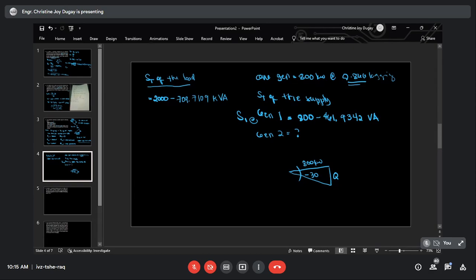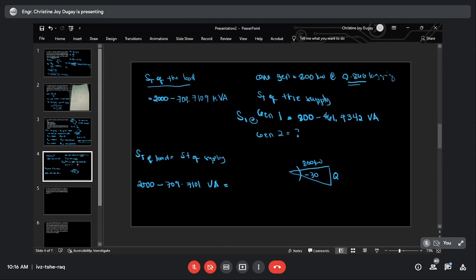Since the total is unknown, the S total of the load is equal to the S total of the supply. We already have the S total of the load, which is 2,000 less j709.7101 VA.